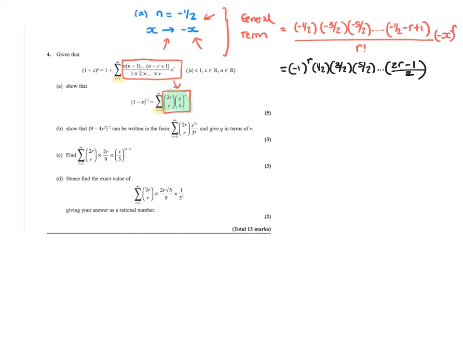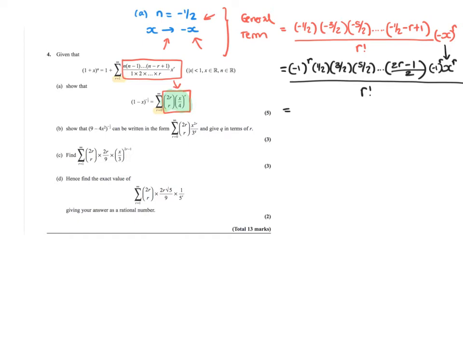We've then got this term here, which I'm going to rewrite as negative 1 to the power of r times x to the power of r, splitting negative x up into negative 1 times x, and then raising each part separately to the power of r. This is all over a denominator of r factorial. Now let's start simplifying.